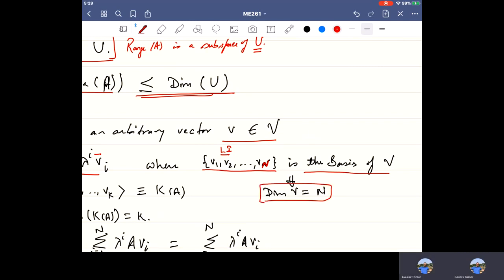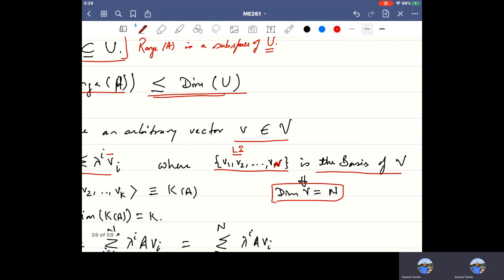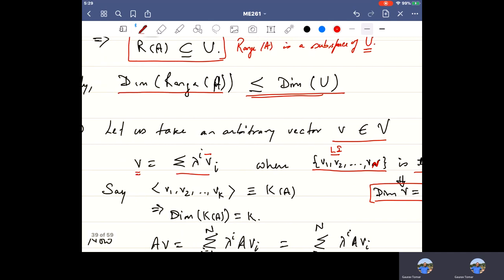Okay, let's say. And now what we do is we say, because the kernel space is a subspace, we can define this basis such that the first k vectors, v1 to vk, span the kernel subspace. So we have defined the bases in this fashion.